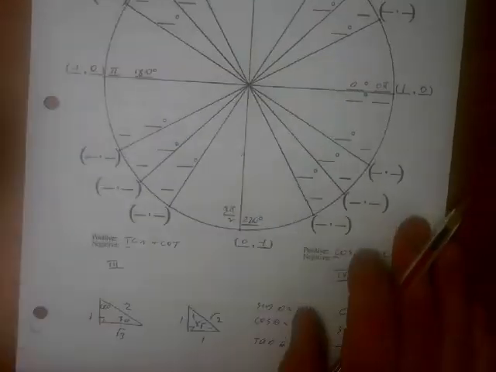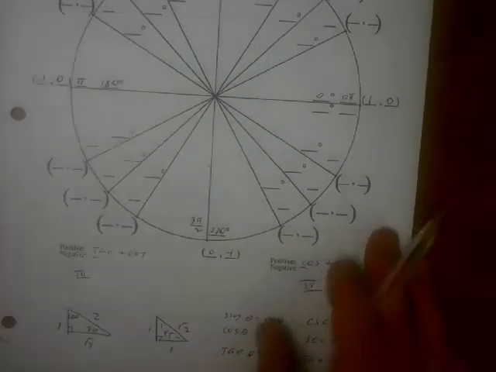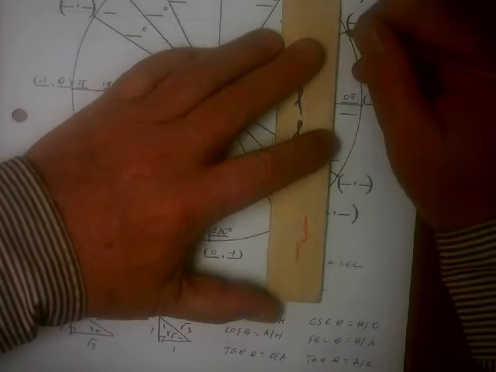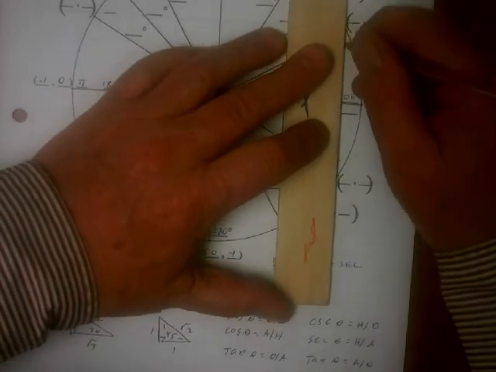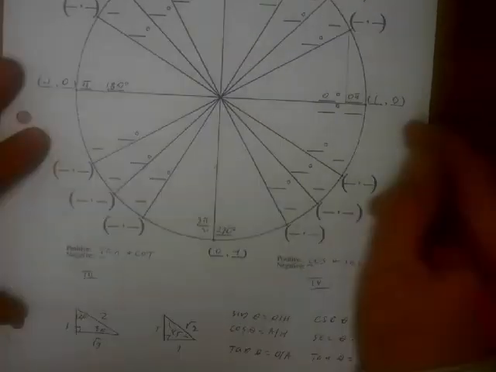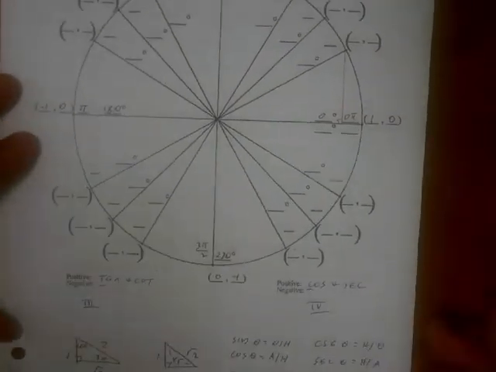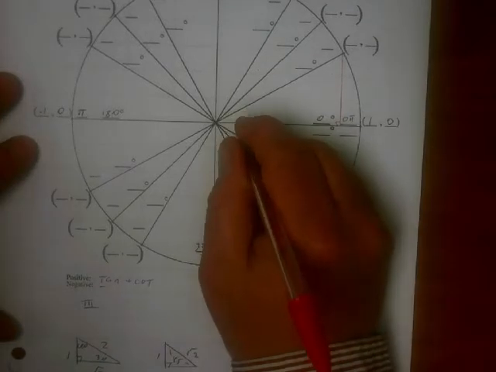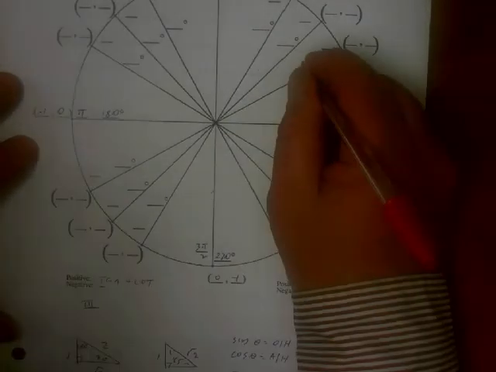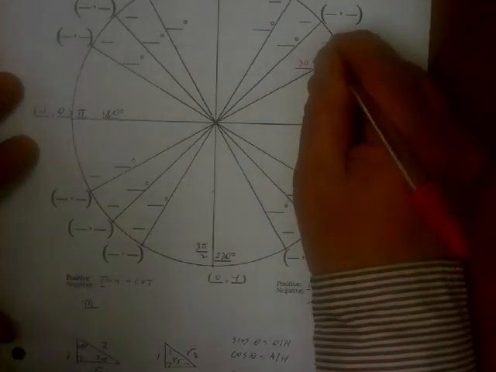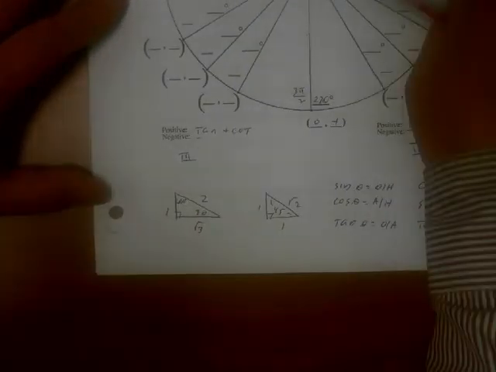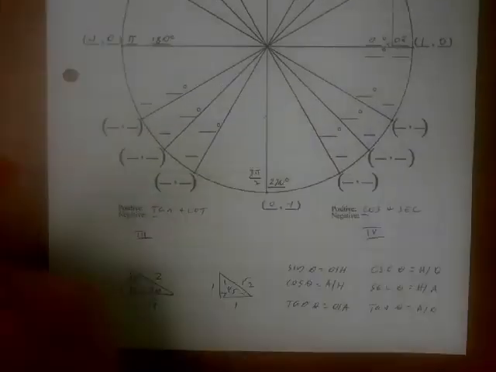Now we're going to be using these two triangles when we fill this in, okay? So I want you to think about this triangle right here. It's a right triangle. This is my angle, 30 degrees, which is pi over 6. So I need to reference this triangle down here when I fill in the sine and cosine.